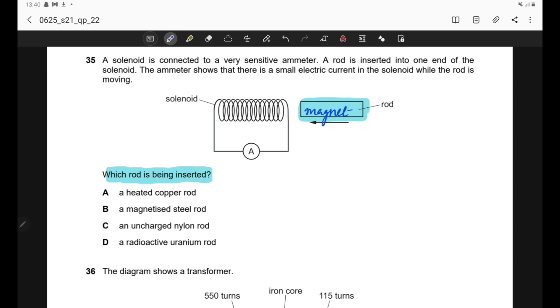Then only it will have magnetic field lines around it. So when the rod is inserted in the coil, these field lines will be cut by the coil, which will produce electricity. So the rod must be a magnetized steel rod. Correct answer is option B.